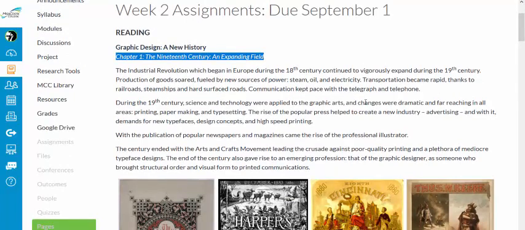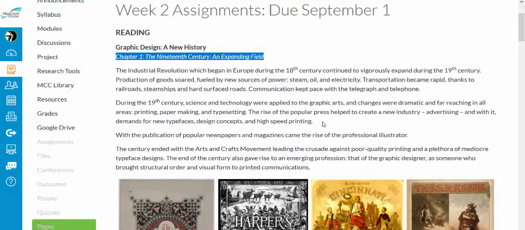And this was a very important turning point in the history of graphic design because there were so many new products and services that science and technology were applied to the graphic arts.